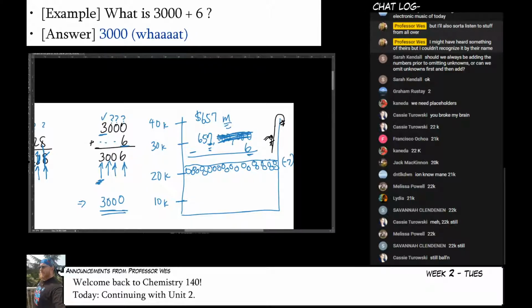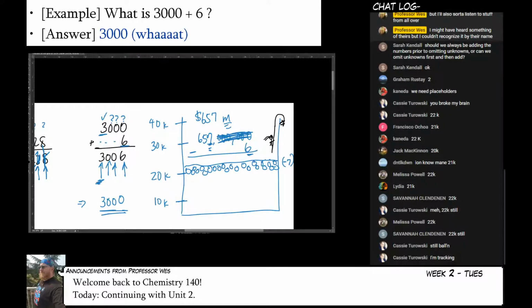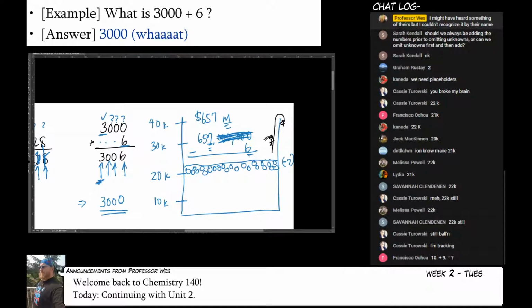And that's because the tinier number cannot affect the bigger number. This happens all the time when you're doing these sorts of algebraic problems. But it makes sense because a big, poorly estimated number doesn't get affected by little tiny precise numbers.